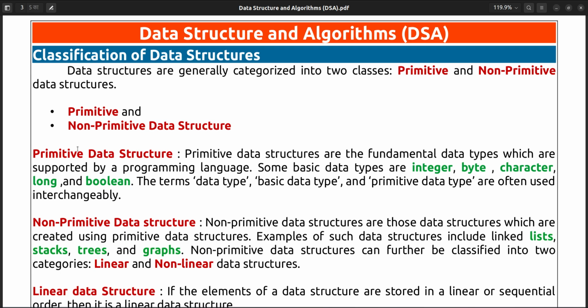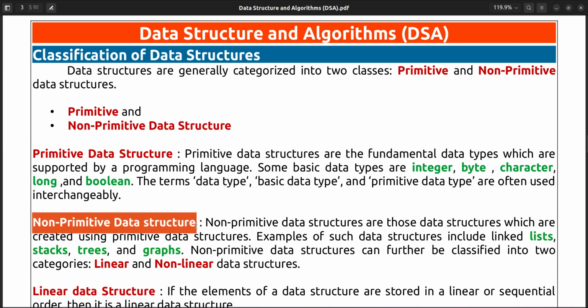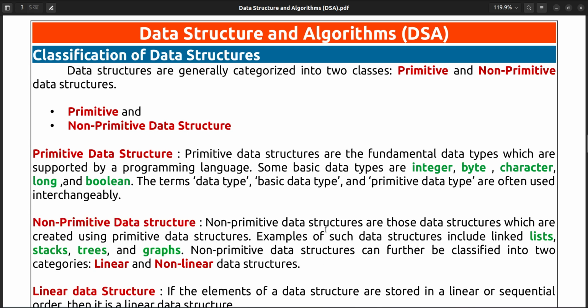These are all non-primitive data types, because they are built using primitive data types. Non-primitive data types are those data types that are created using primitive data types.